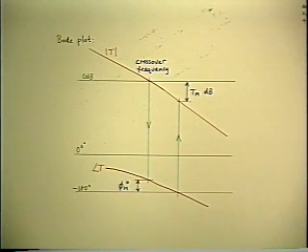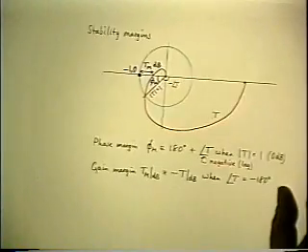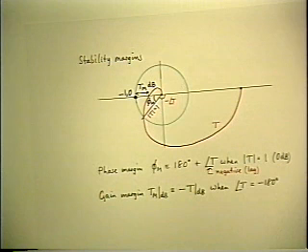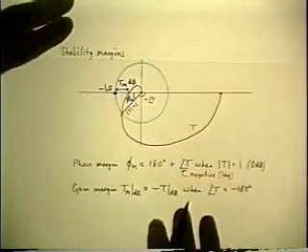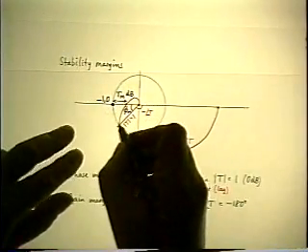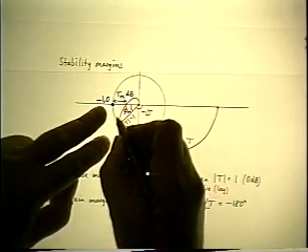Now, why are there two definitions of stability? Because neither one of them is very good. If you go back to this case, it's easy to visualize another sort of pathological case where the contour might look like this.